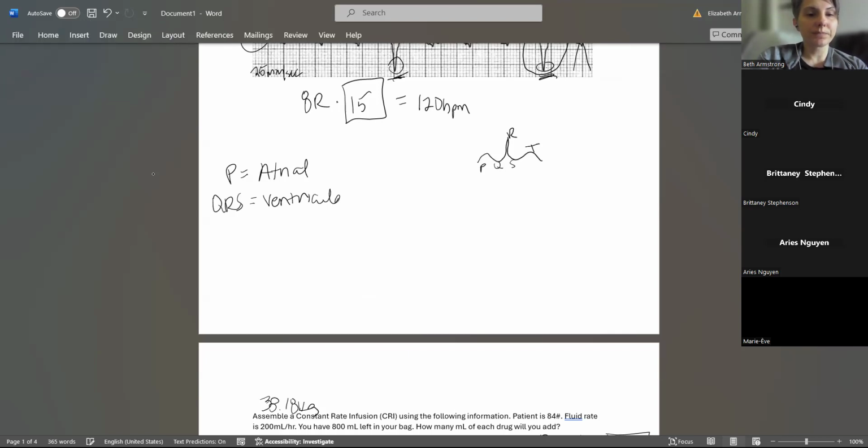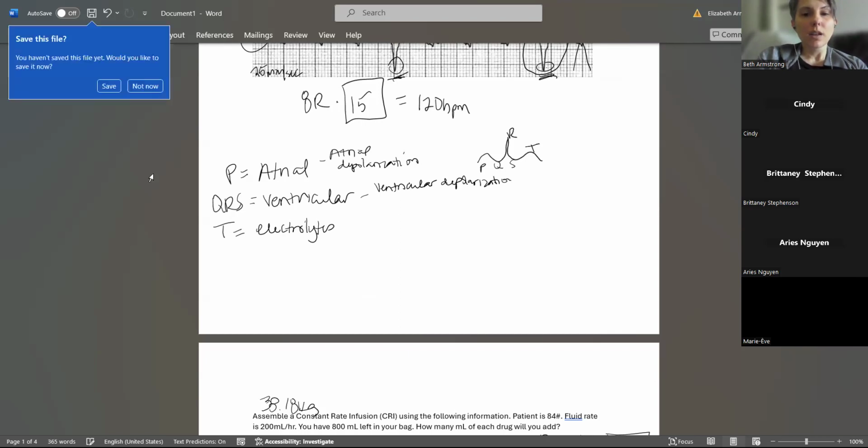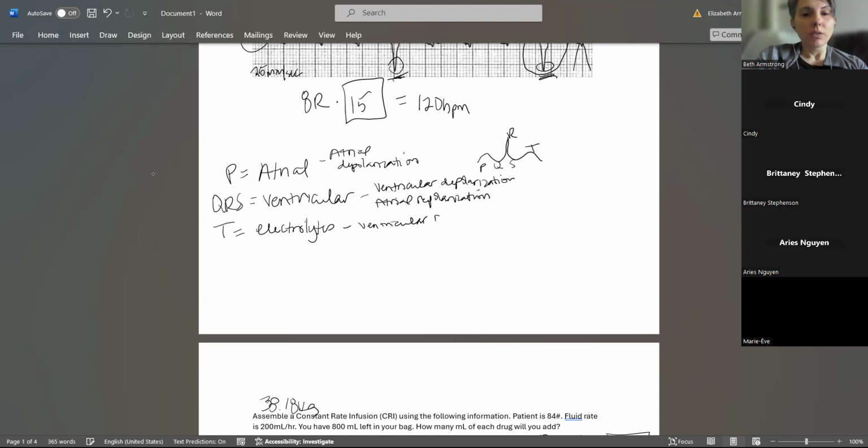The T wave is ventricular repolarization.